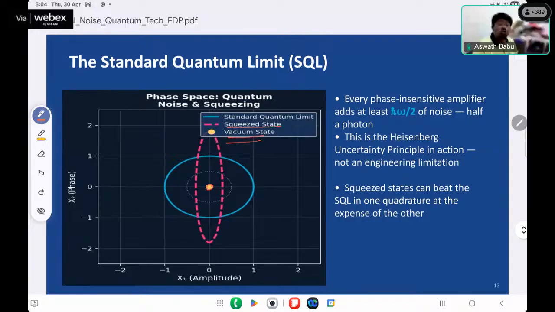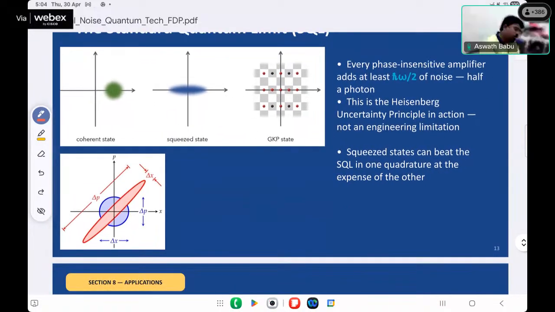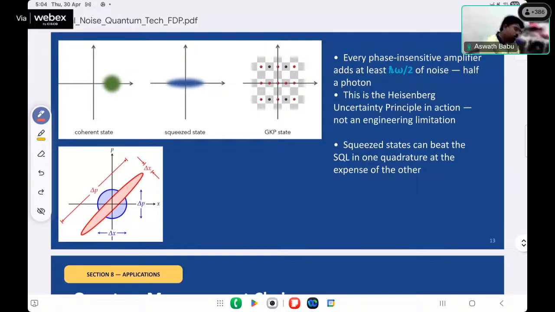So this is a vacuum state. Beyond which, if the noise increases, you will have the standard quantum limit, and I squeeze it to reduce one of the quadrature errors and have a squeezed state. This is another way of seeing things.